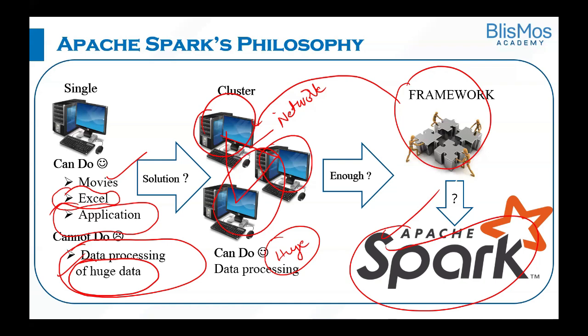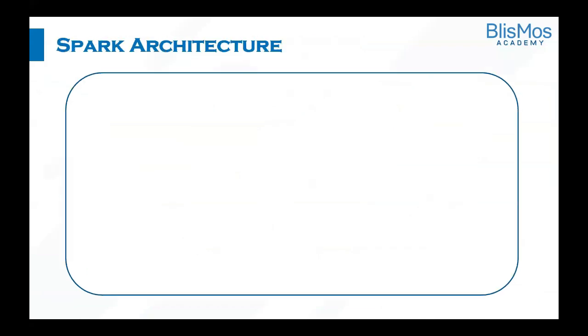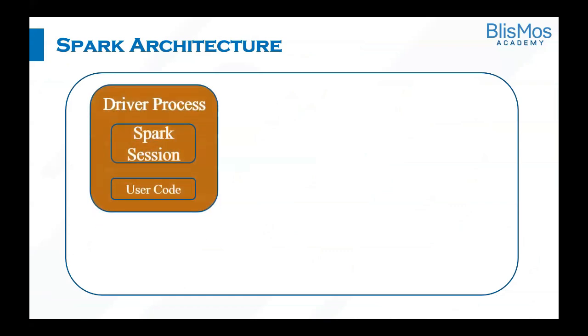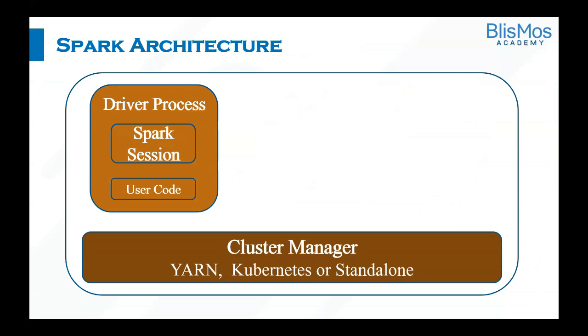The way Spark achieves that is by having this particular architecture. We have something called the driver process, and we have something called the cluster manager. Driver process and cluster manager.